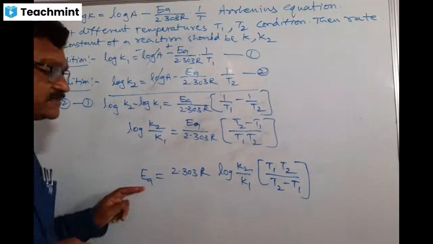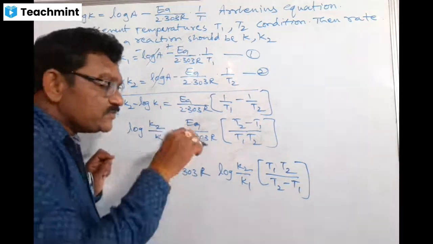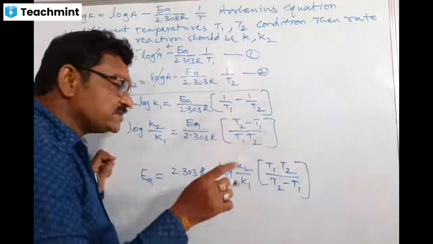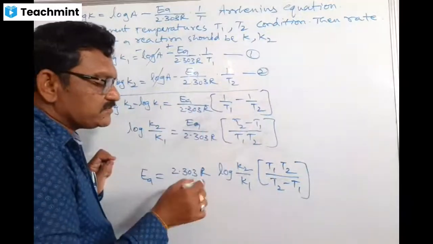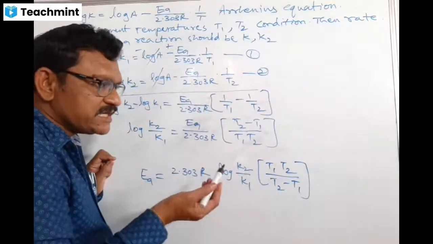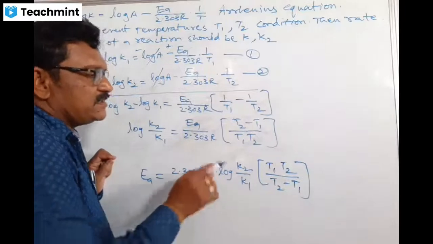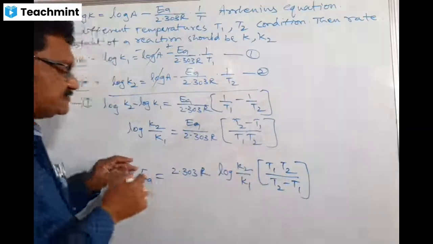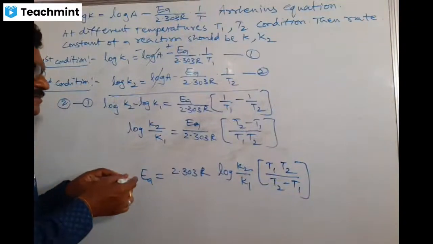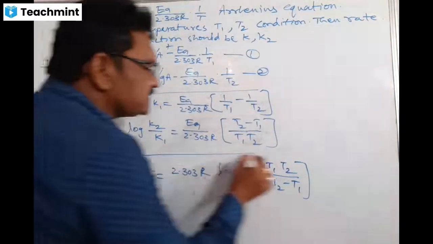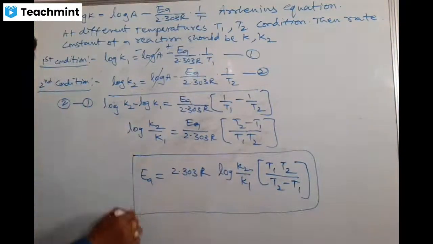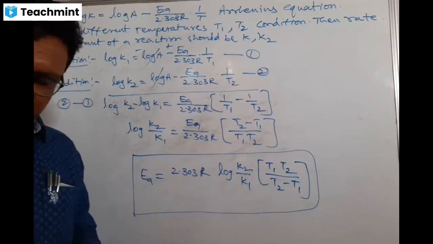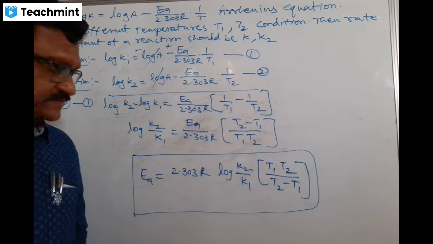When we calculate the activation energy, that means you know the T1, T2 values and the K2, K1 values. Of course, R is a constant, the gas constant, you know that. When we know all these values, you can substitute in this equation. We will get the activation energy of that particular chemical reaction. So this is the equation we got for EA, the activation energy.